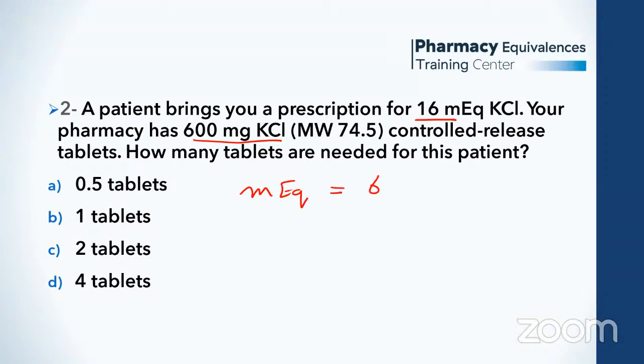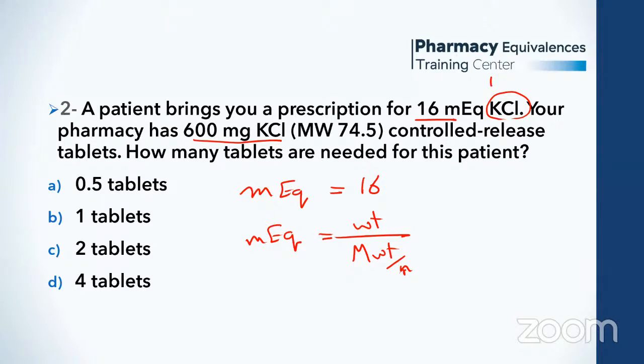We have the formula saying that milliequivalents equal weight over the molecular weight over the small n, what we call the equivalent weight. The equivalent weight equals molecular weight over the small n. The small n is the valency of the molecule that we deal with. Potassium chloride here, what is the small n of it? It is 1.